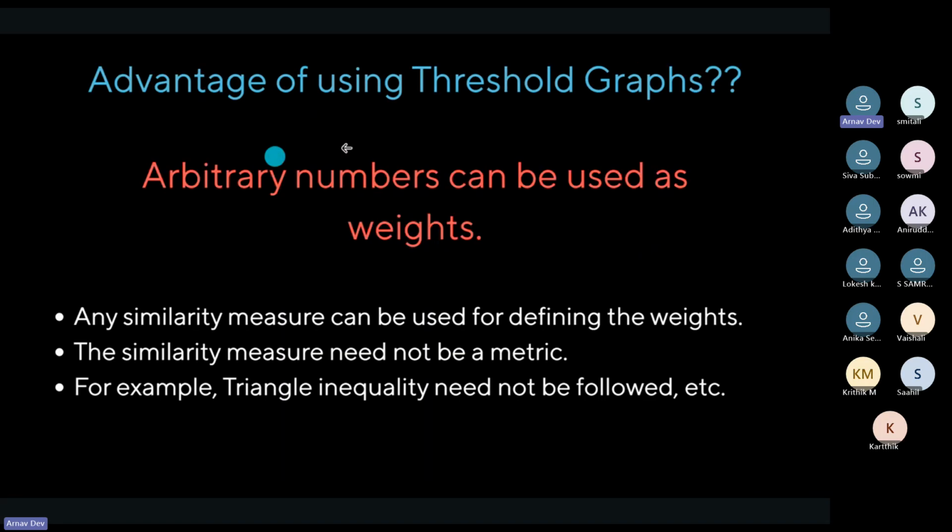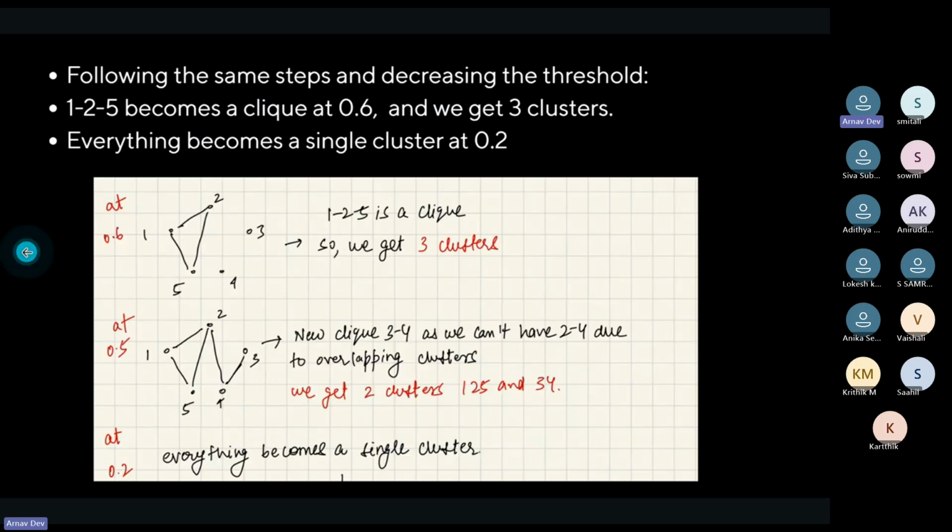Now, what's the advantage of using threshold graphs? One of the best advantages is that you can use arbitrary numbers as your weights. Suppose I connected these three together, and these were in an actual graph with data points, with weights 0.8, 0.9, and 0.12. If there are distances between them, you have to follow certain rules, like the sum of two sides should be greater than the third side, as in the triangle inequality.